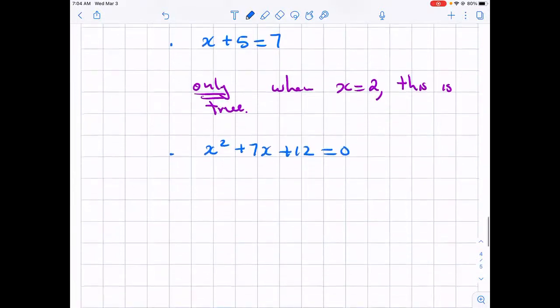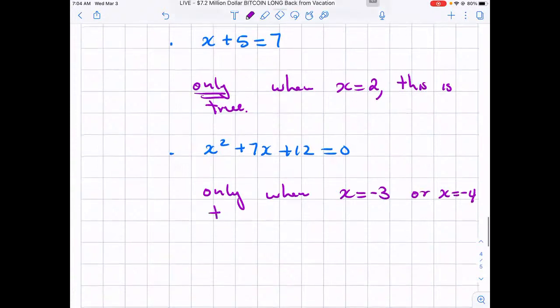And we can say only when x is equal to minus 3 or x is equal to minus 4 is this true. These are the only two times this is true.